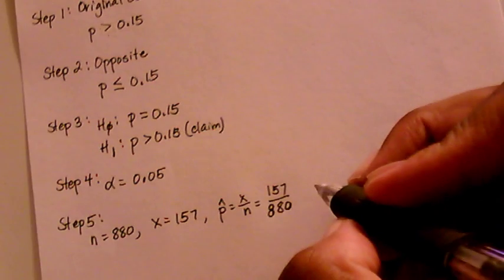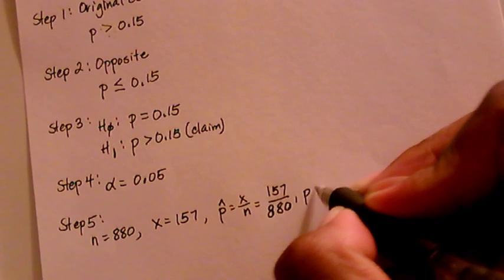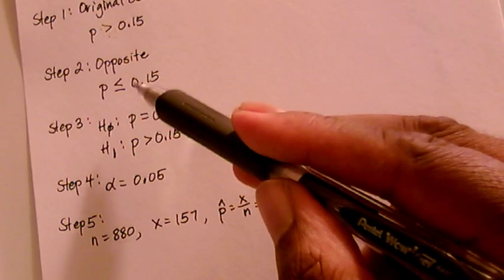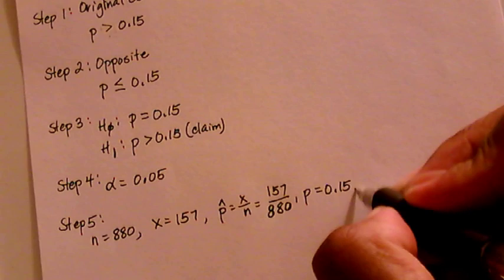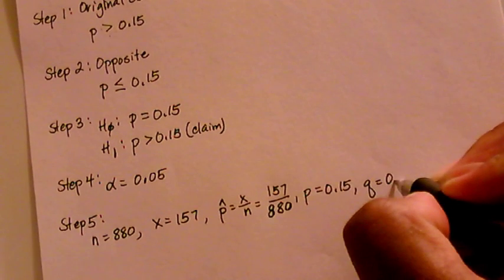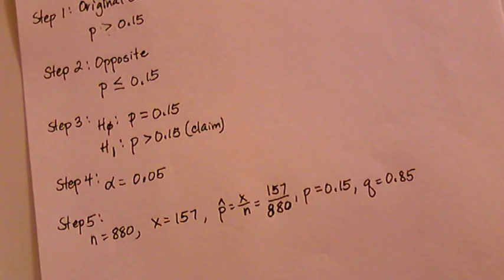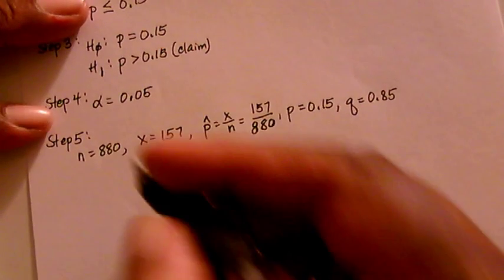And we're told that P is equal to 0.15 from the null hypothesis, which means that Q must be 0.85. Okay? So we have all that information, that sample data, to calculate the test statistic.